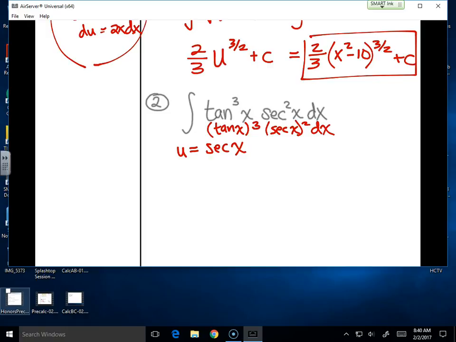There's another reason why you should not choose u to be secant. But hold on, let's just say I did choose u to be secant, okay? Like we were just talking about, Angela and I, you can't just stop with u. You have to think of the u prime. This is chain rule backwards. So what is the derivative of secant?